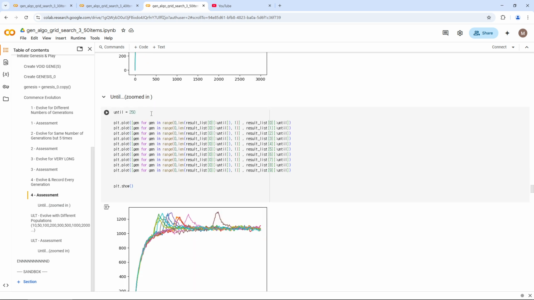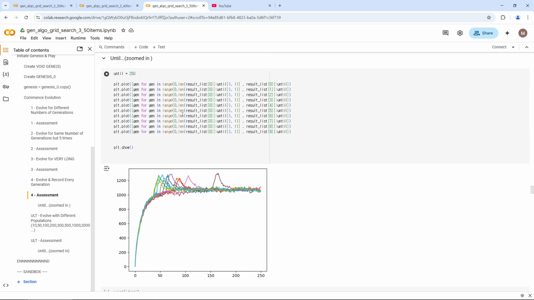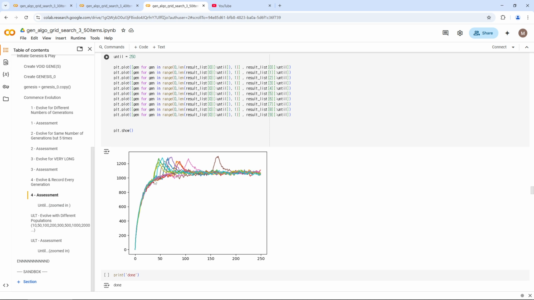We zoom in and then plot everything until generation 250. This is what happens. The peak is more pronounced, and so is the decline. The runs peak at different generations.